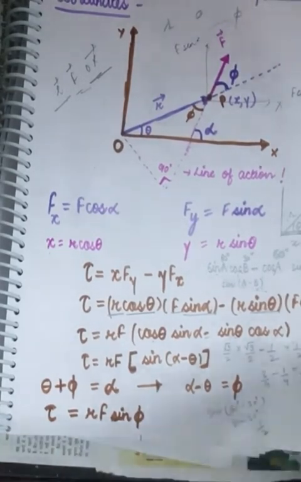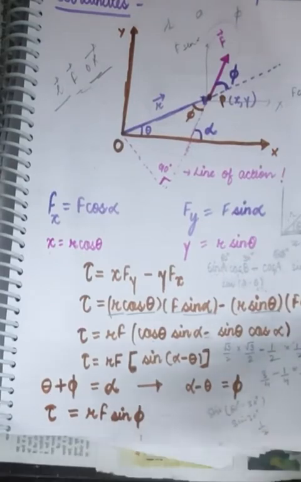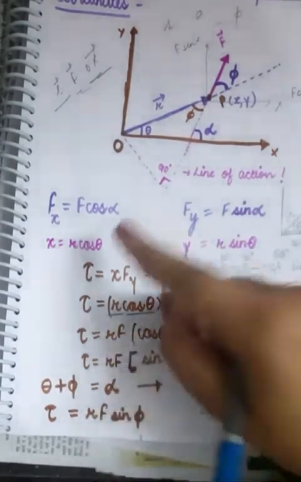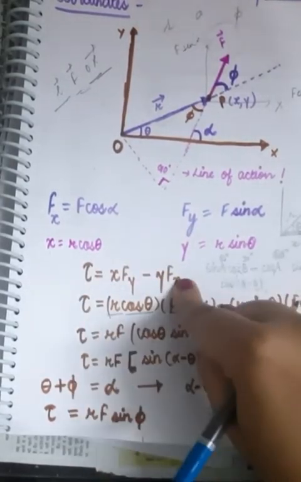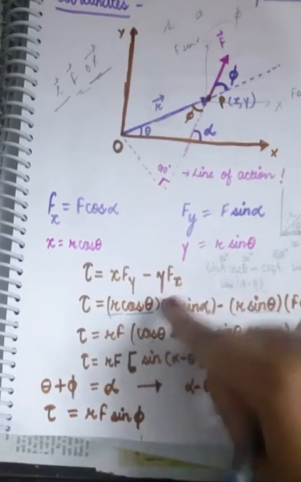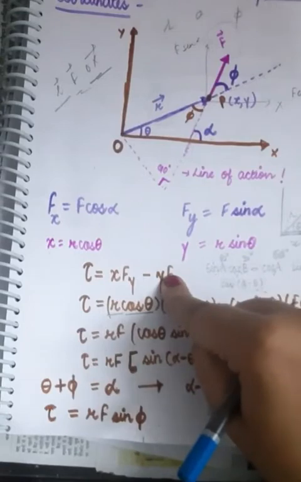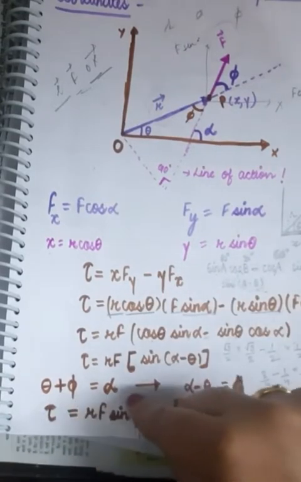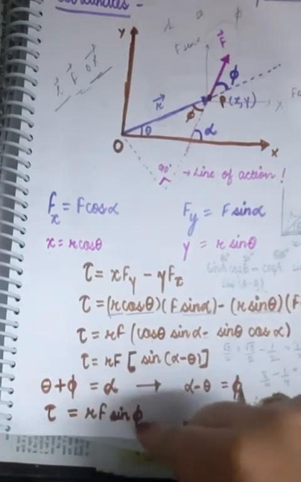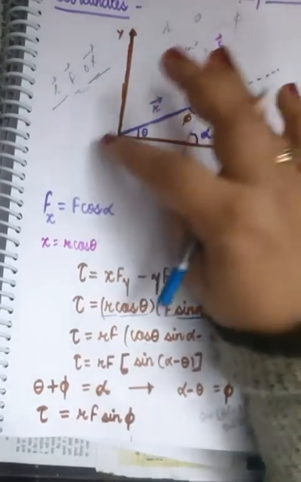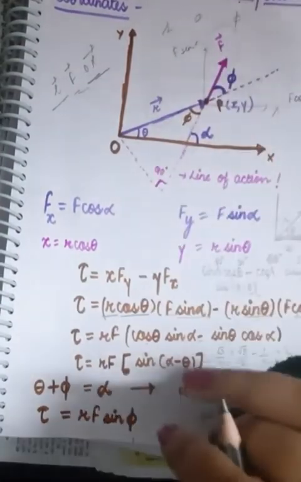But you know what? You just have converted this expression, which was the Cartesian expression, into polar expression. So this was torque in Cartesian coordinates and this is torque in polar coordinates, where phi was that angle which r vector makes with f vector.